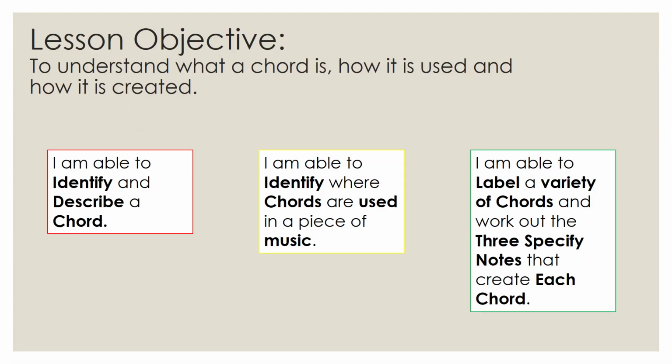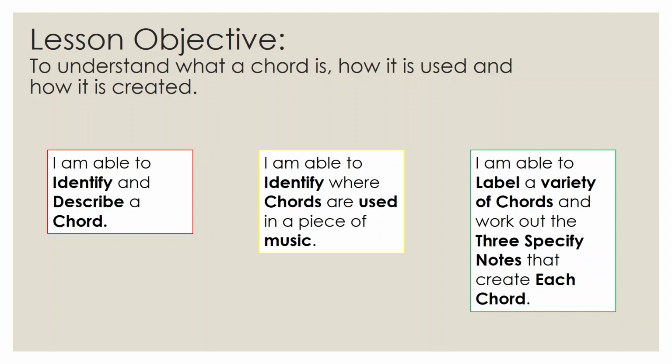Today's lesson objective is to understand what a chord is, how it is used, and how it is created. So in the red box on the left, at the least today, you should be able to identify and describe a chord. Once you're able to do that, in the yellow box in the middle, you should be able to identify where chords are used in a piece of music.